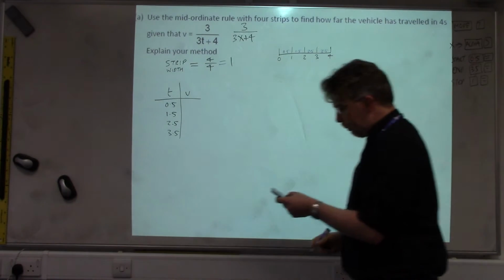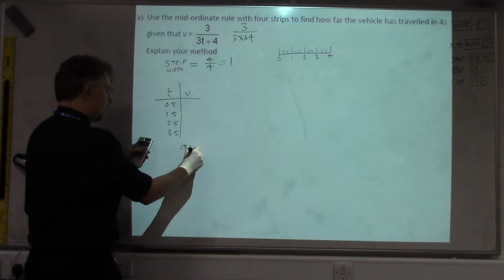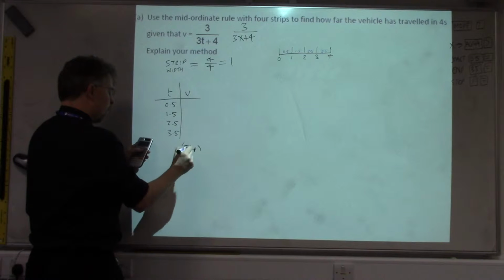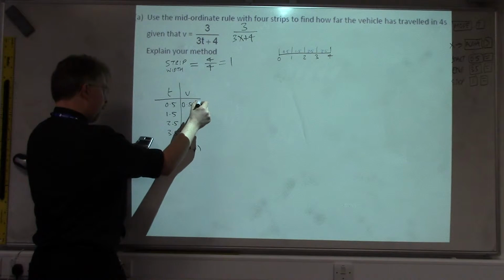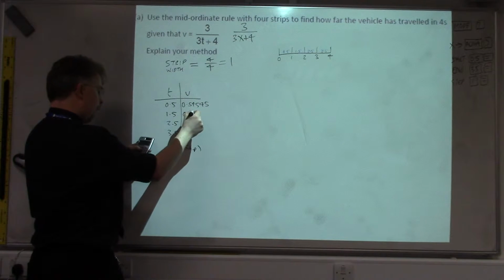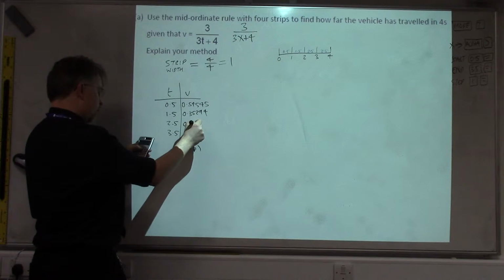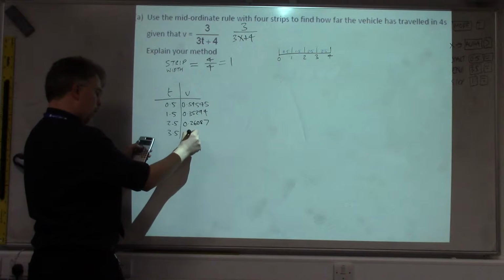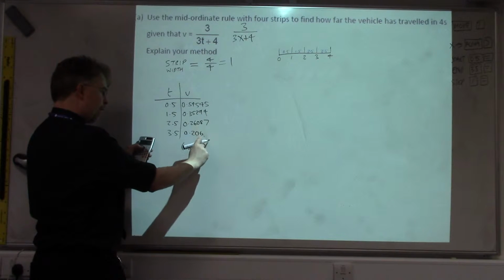So we get our table, and we're going to give answers to 5 decimal places. So we've got 0.54545, 0.35294, 0.26087, 0.20689, so that rounds up to 0.20690, 5 decimal places.